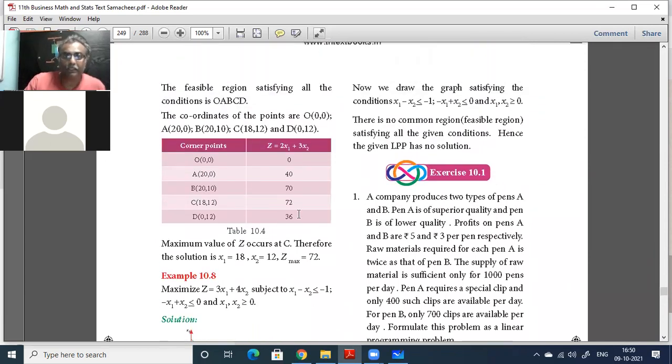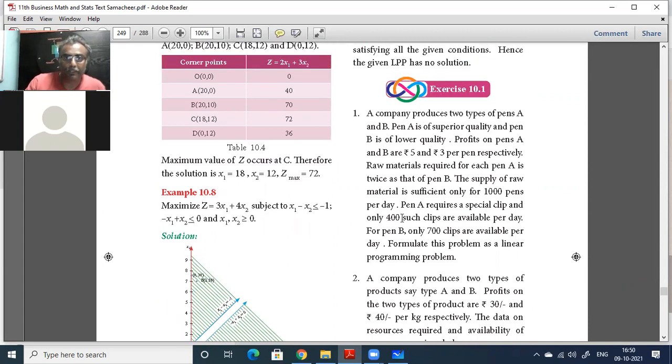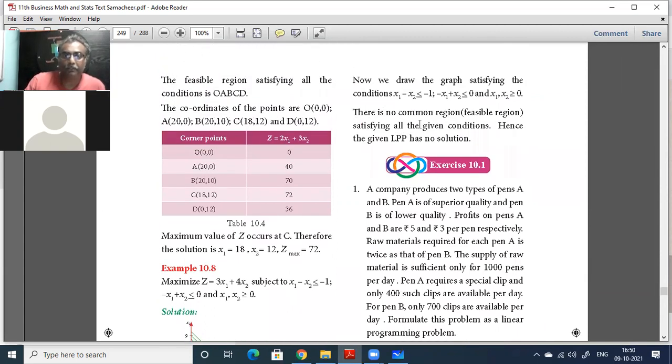So we cannot draw the graph satisfying these two conditions. There is no common feasible region satisfying all the given conditions. How will you draw this line through 0, 0? That is a problem. So there is no feasible region at all that you will get for that. That means these two equations do not have an LPP solution at all.